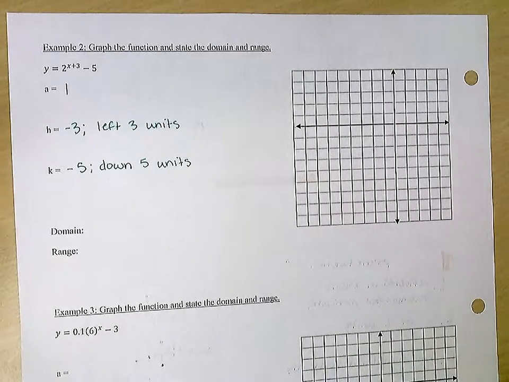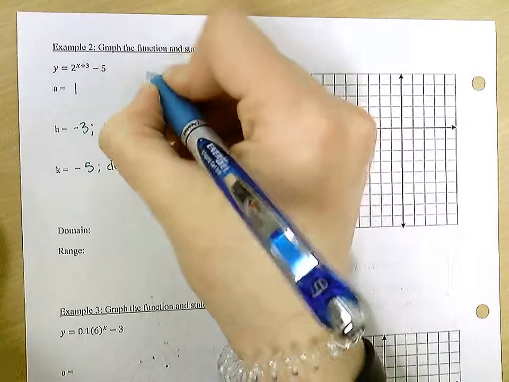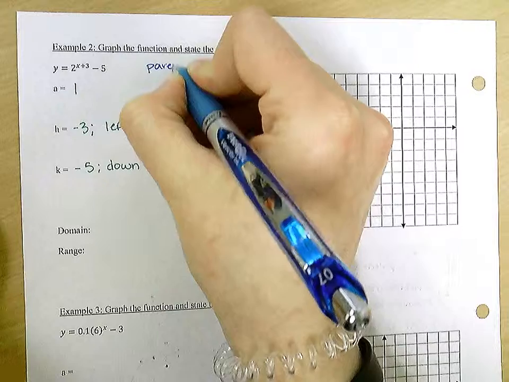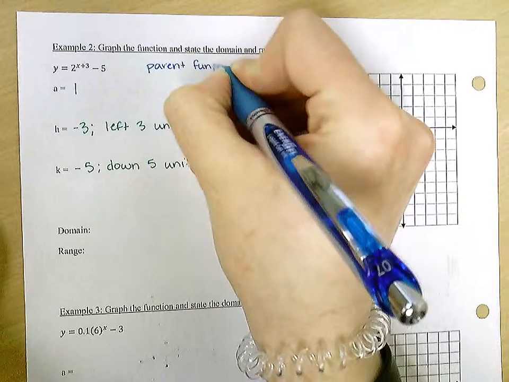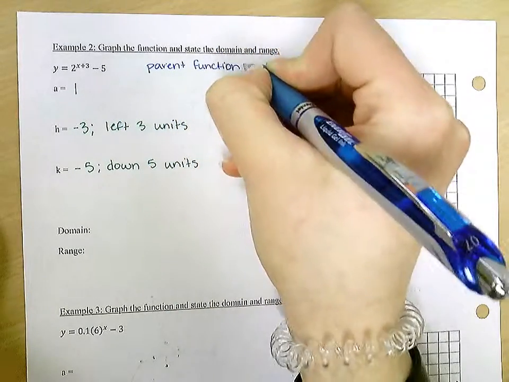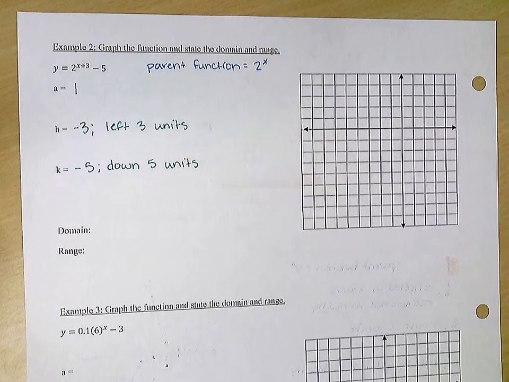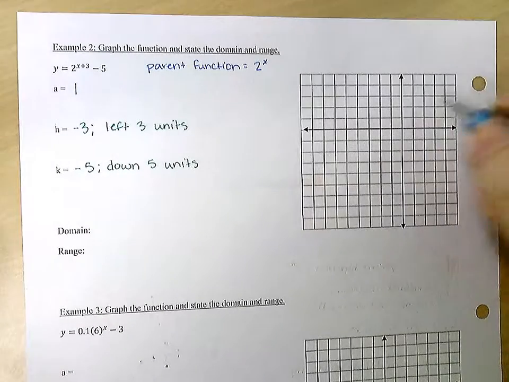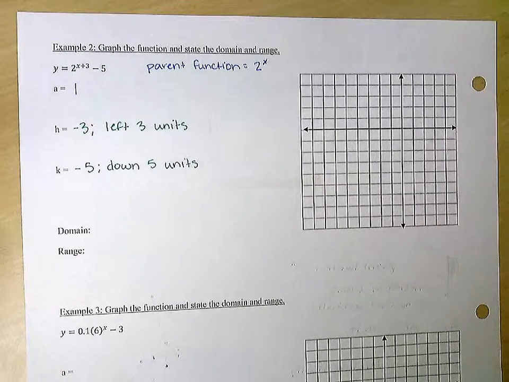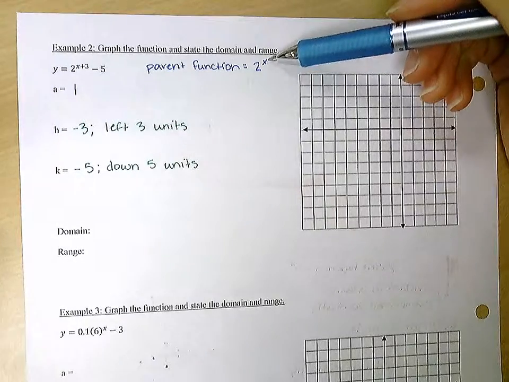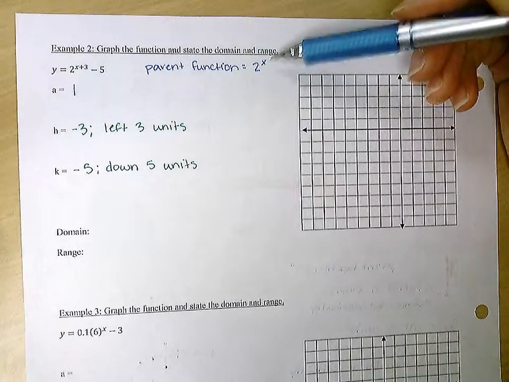All right, so our parent function for this one is 2 to the x. Okay, so our parent function is 2 to the x power. So here, if I were to plot that parent function, plug in -1 for x, I would get 1/2.